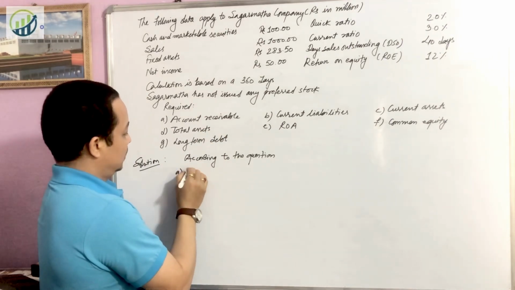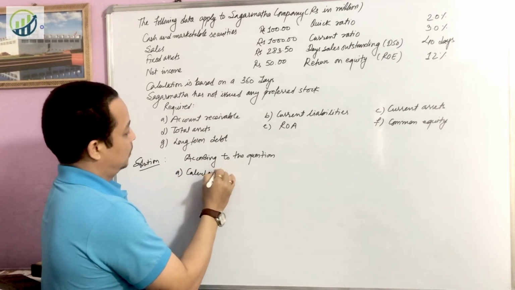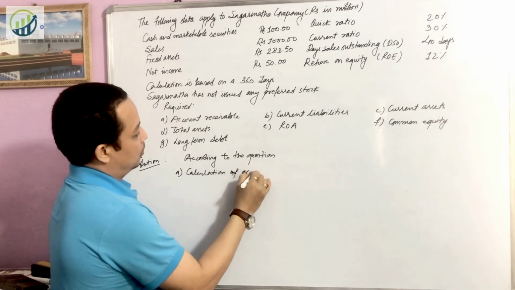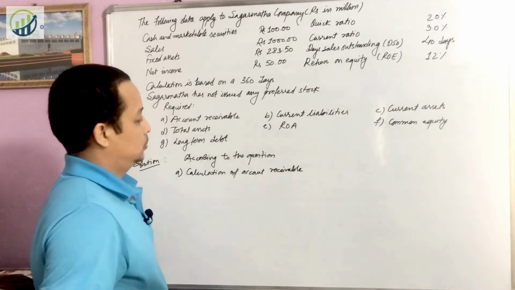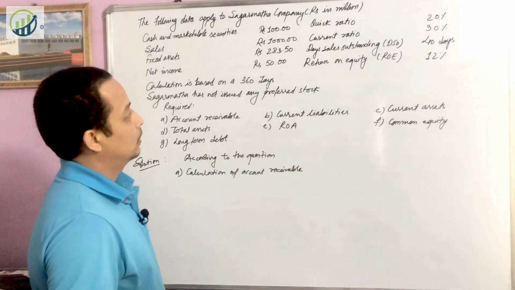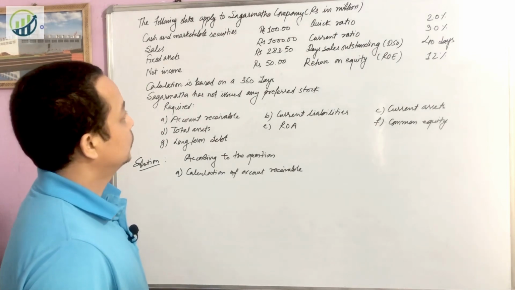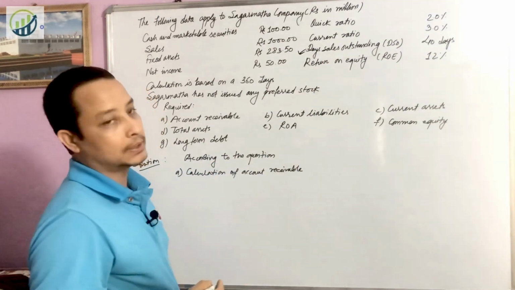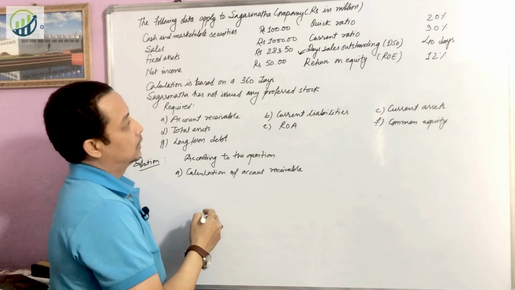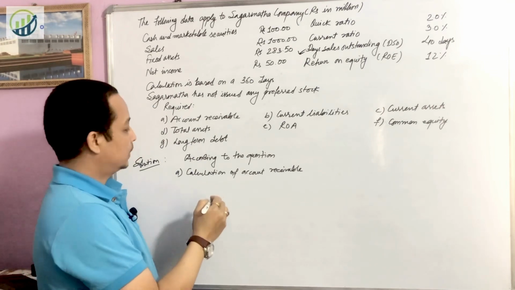So A, calculation of accounts receivable. To find accounts receivable, you have to use days sales outstanding. Days sales outstanding is given here, so you can use it to find the accounts receivable.